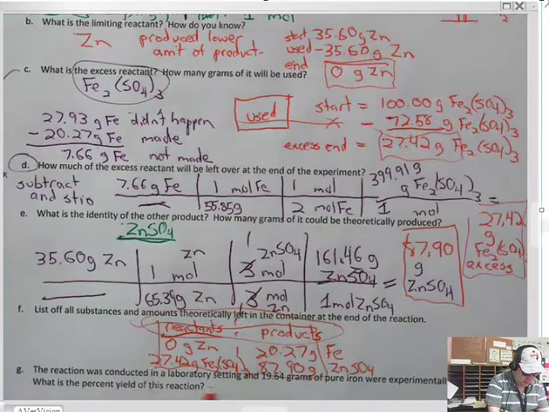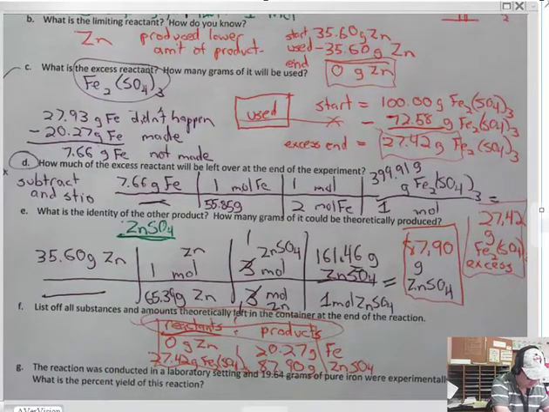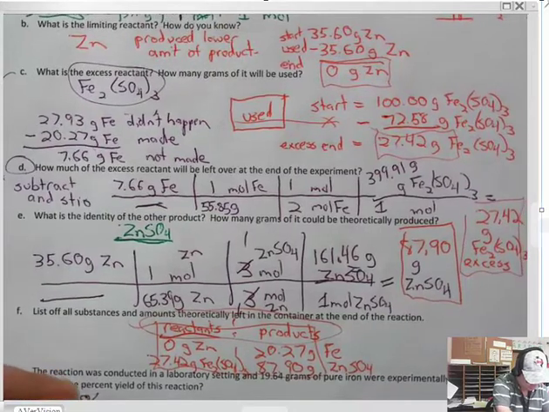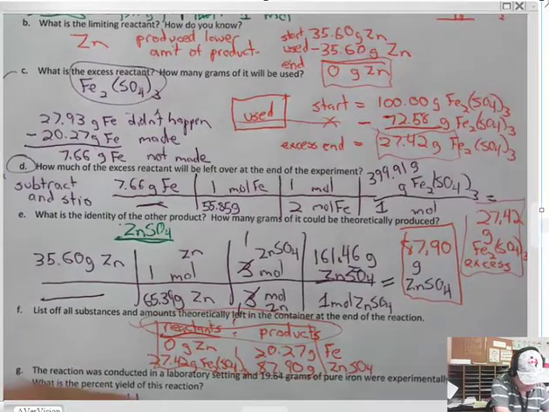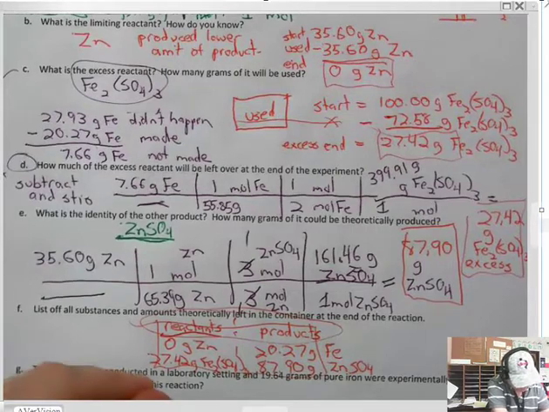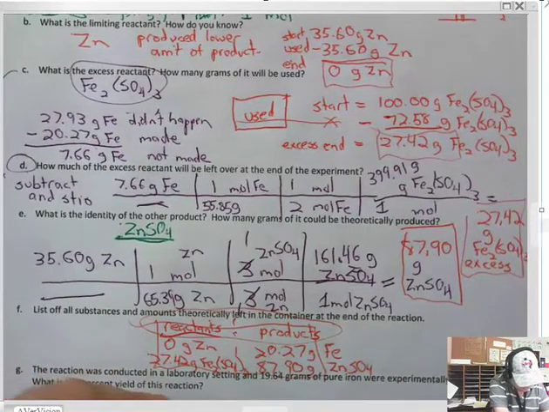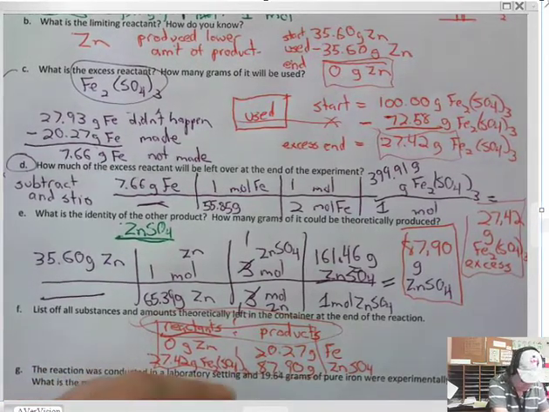Okay, the reaction was conducted in a laboratory setting, and we got 19.64 grams of pure iron experimentally. What is the percent yield of the reaction here? So, percent yield is experimental over theoretical times 100.